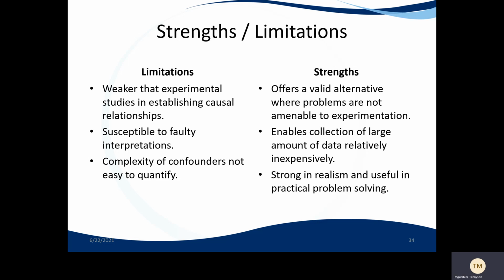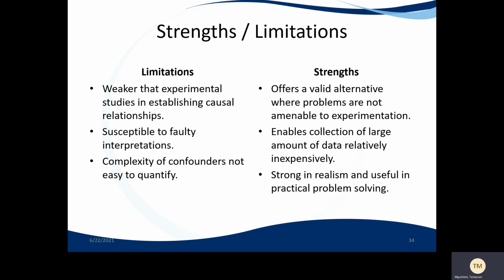Of course, all these correlation examples that I've given you have strengths and limitations. And this slide highlights some of those. In the world of quantitative research, where the true experiment is the gold standard, anything that does not have the ability to manipulate the independent variables to see what the manipulation does is considered weaker.